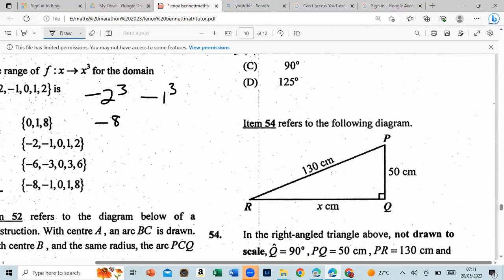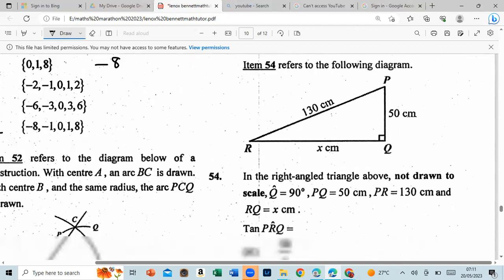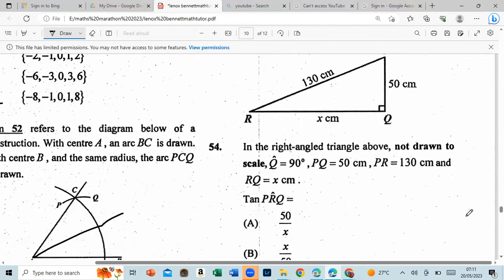Item 54 refers to the following diagram. This is now in the triangle above, not drawn to scale, PQ equals 5, PR equals that, RX equals that. Tan of PRQ, which is this angle right here.